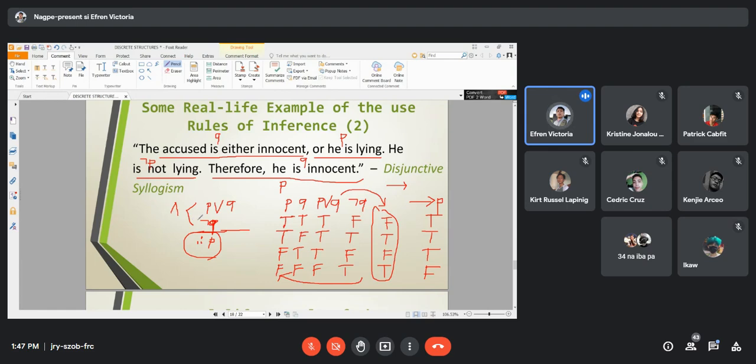So, using yung una nating ginawa na ito yung P, ito yung Q, ito yung P, ito yung Q, ito yung not Q, ito yung not P. So, ang gagawin natin ngayon, yung based na dun sa form ni disjunctive syllogism. So, buburahin ko lang ulit ito.